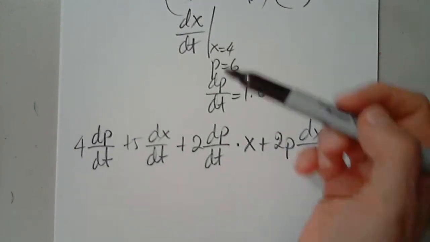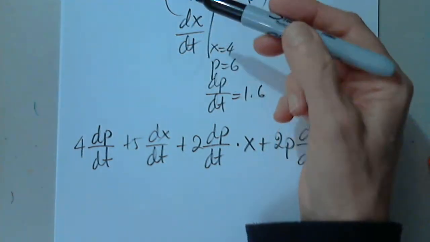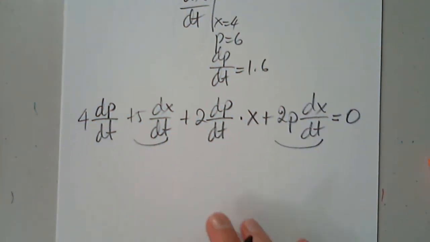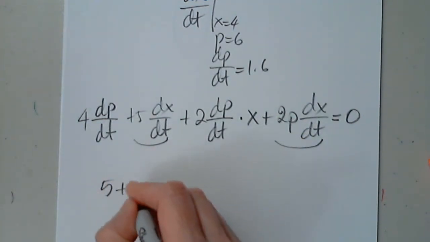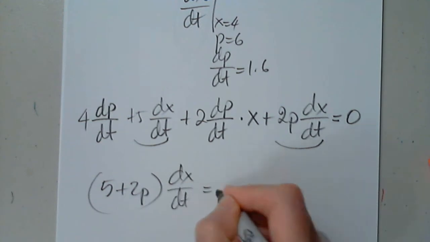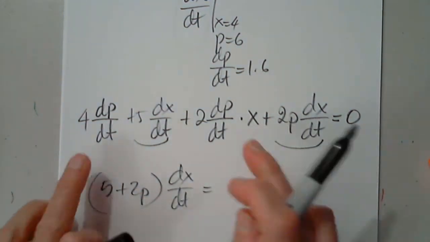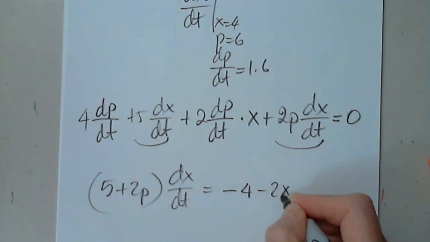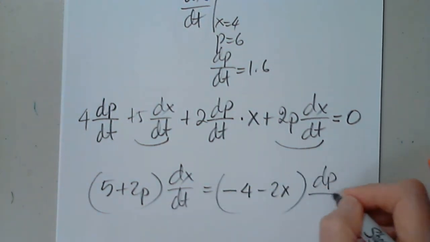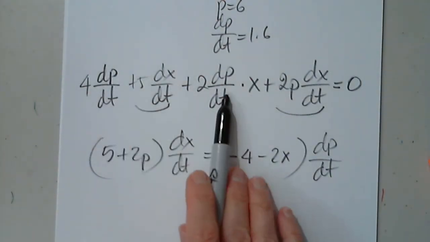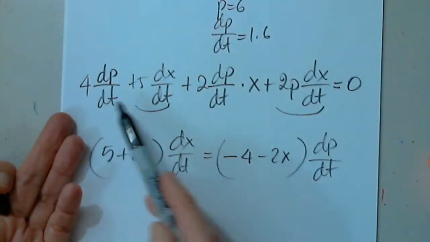So all I have to do now is solve for dx over dt. This and this will stay. I will factor out 5 plus 2p, and I will factor out dx over dt. These two will go to the other side. They are both positive, so they will become negative: -4 minus 2x dp over dt. They both have dp over dt in common, but I cannot combine 4 with 2x.